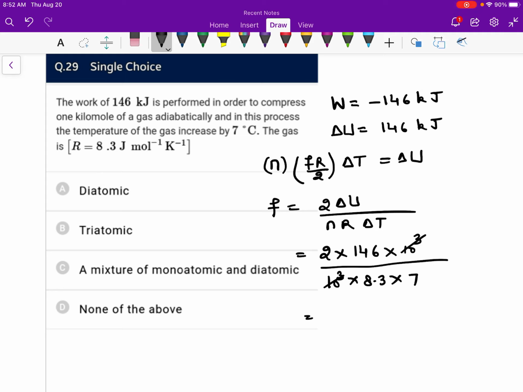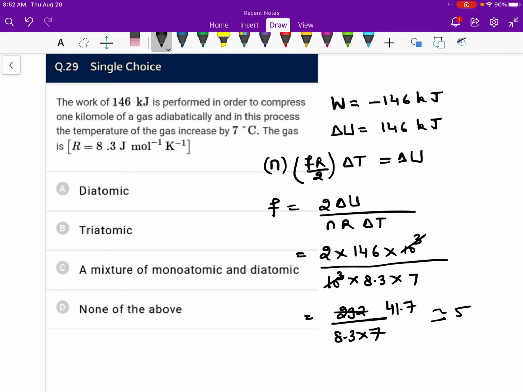So this is 292 upon 8.3 into 7. 7 fours are 28, and then remainder 5, 7 sevens are 49, so this is close to 41.7 upon 8.3, and this is close to 5.